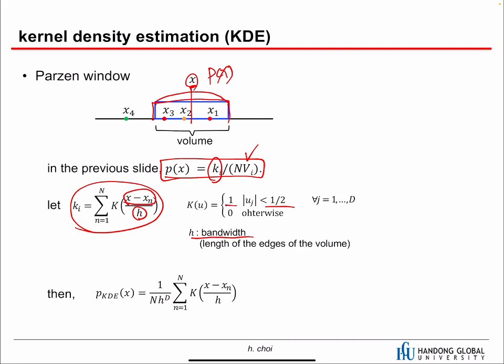So look at this one. x minus x3 is smaller than h over 2. This one is h, and this one is h over 2. So it is 1. And x4 is out of this window, so it is 0. We just simply count the samples in this window. Since k is defined in this way, the probability based on KDE is simply like this.